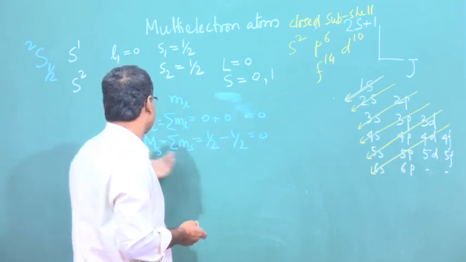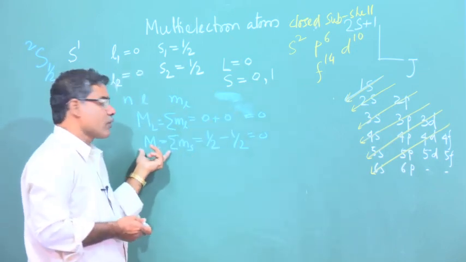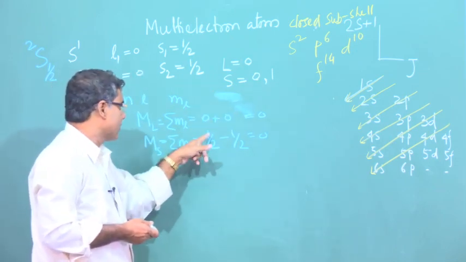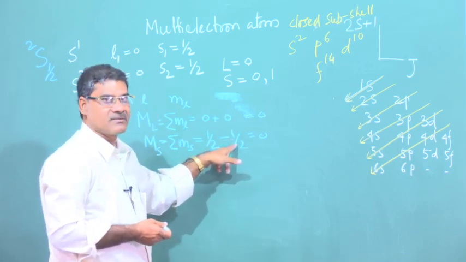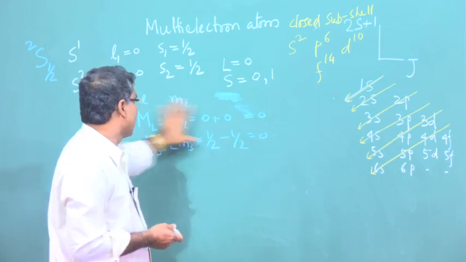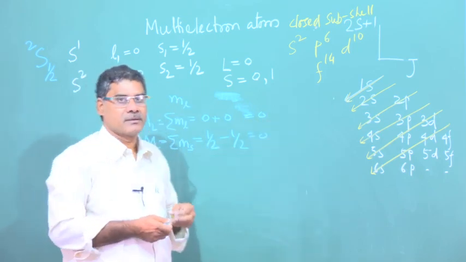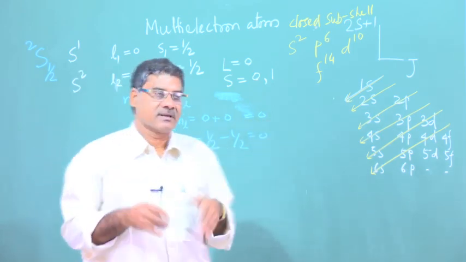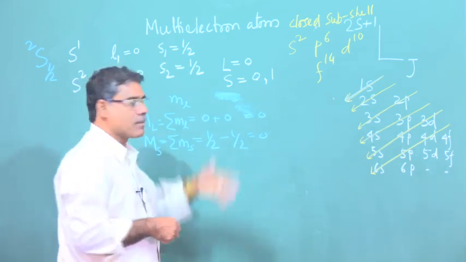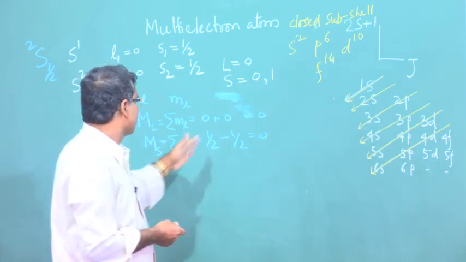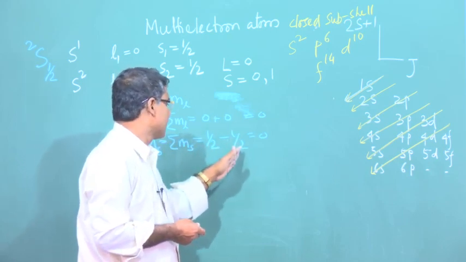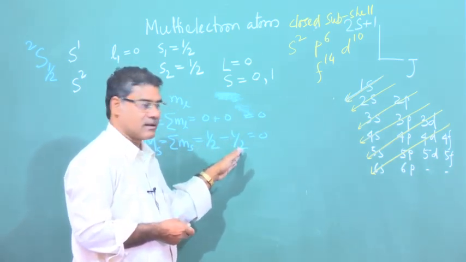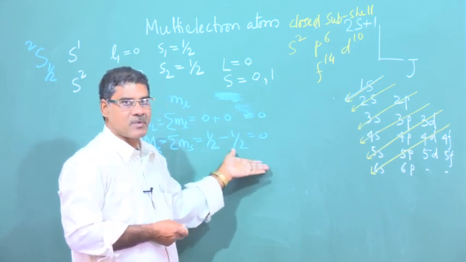Similarly here, only this one choice is possible. I cannot take this one as half and the other one as plus half. Then the set of quantum numbers for both electrons would be the same, which is not allowed. So in this case the restriction is, if it is half, the other one has to be minus half.